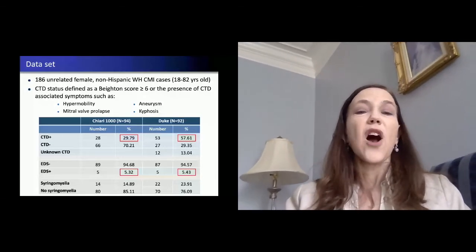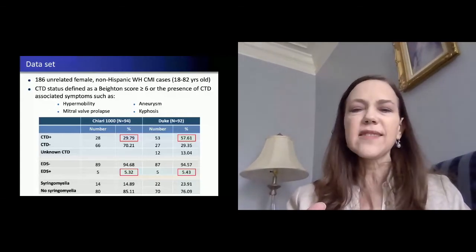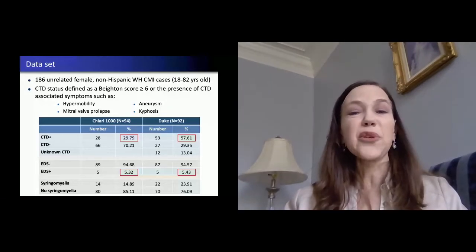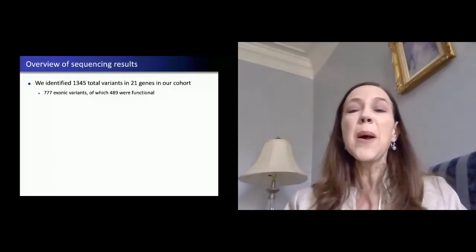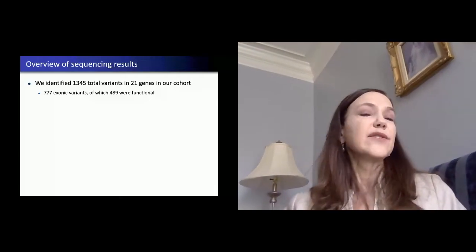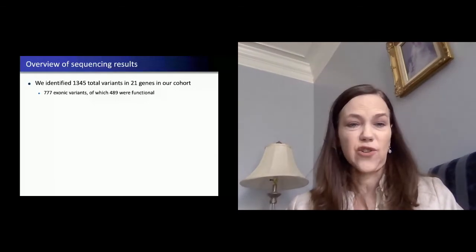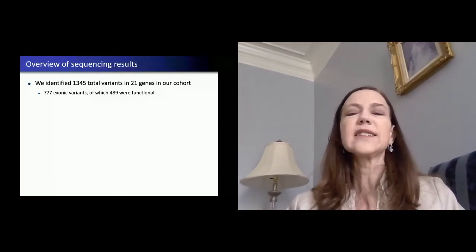So overall, after quality control and processing, we ended up with over 1,300 variants in these 21 genes, but a very small proportion of those, nearly 500, were actually functional. So those were the ones we wanted to focus on.